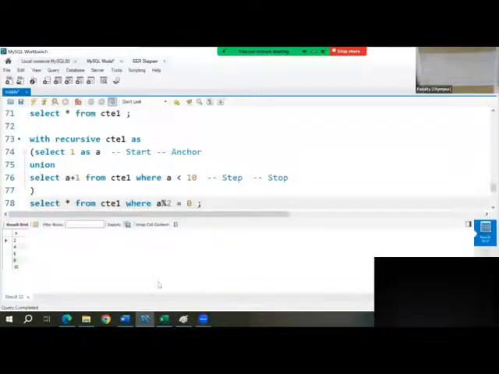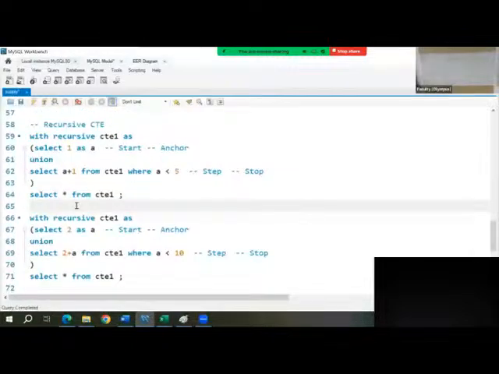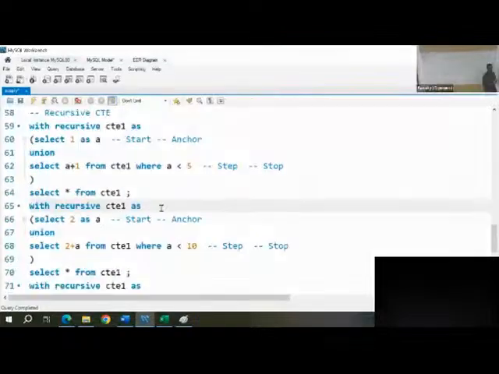Very simple things that I did. So just try this. This is what is called a recursive common table expression. Either I start with 2 and generate, or generate all and filter. Just try this. Let this sink in your mind, so that by the time it comes to next week, this is not a new topic for you.